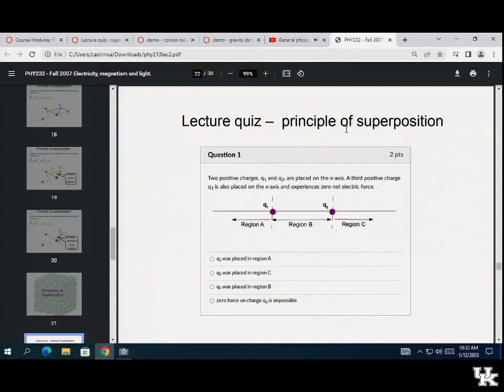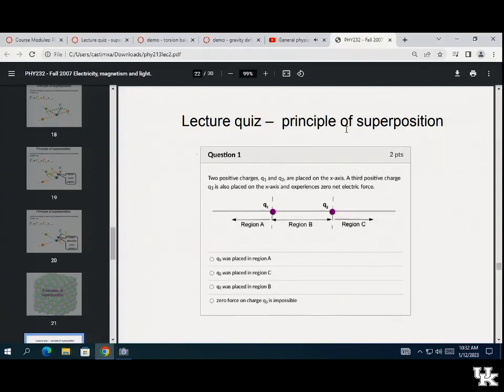In this quiz on the superposition principle, you're asked to imagine these two charges, Q1 and Q2. They're like charges; in particular, they're both positive charges. The questions ask you, where would you put a third positive charge for the net force on that third charge, due to the two other charges, to be zero?